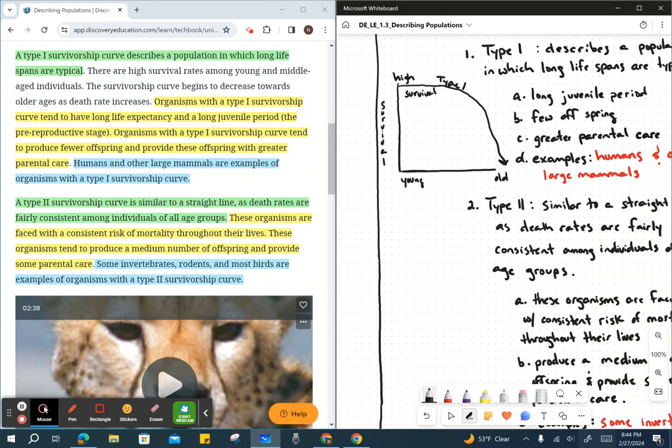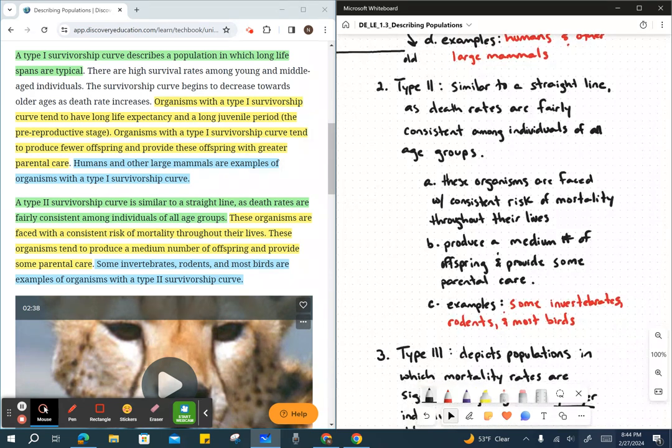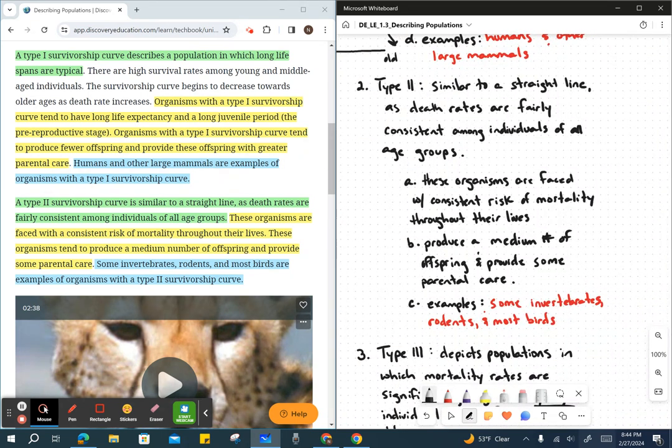Okay. Type 2 is similar to a straight line, as death rates are fairly consistent among individuals of all age groups. Whereas in ours, we tend to see people die at an older age, in type 2 organisms, they die with the same frequency, whether you're young, middle aged, or older. These organisms are faced with consistent risk of mortality throughout their lives.